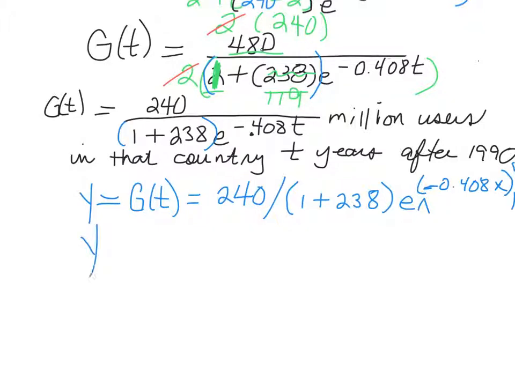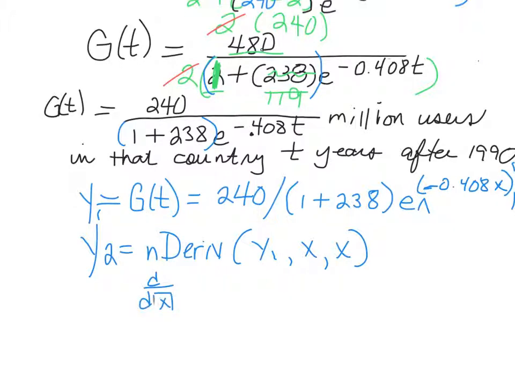And then on Y2, I want you to go to nDeriv. And the value of the function is going to be the derivative of y1 with respect to x for all values of x. Or it's going to be d over dx of y1 at x equals, and put the x there.